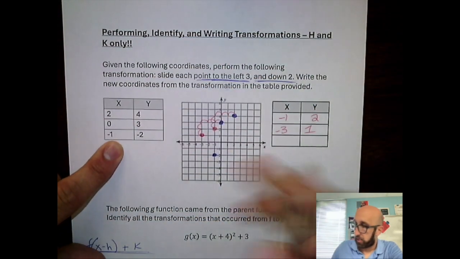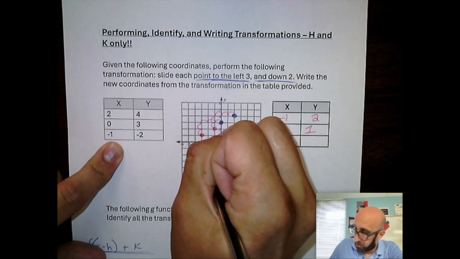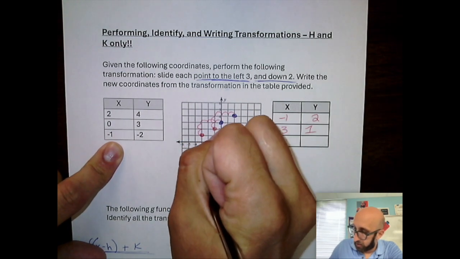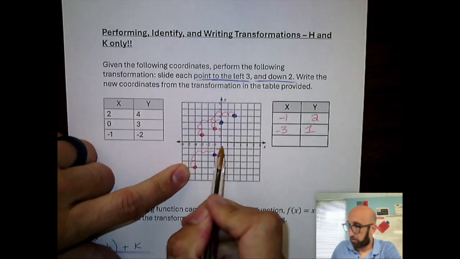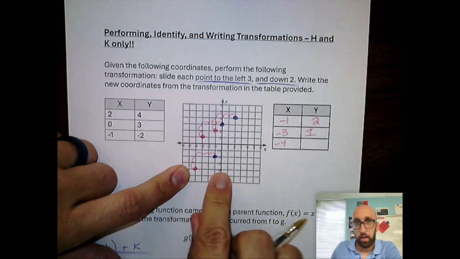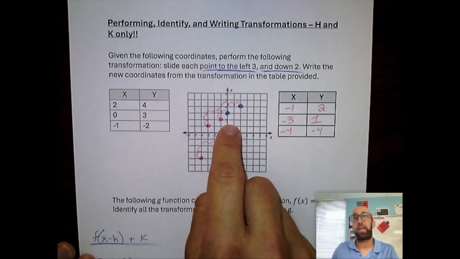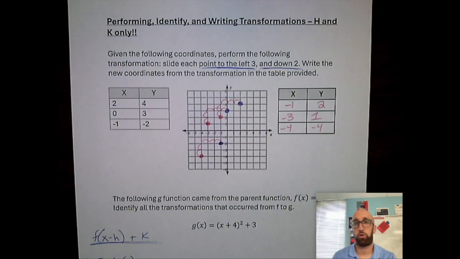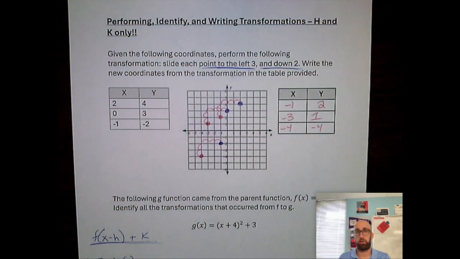My final point started at (-1, -2). We need to go left 3: 1, 2, 3, and then down 2: 1, 2. Write my x and y coordinates. We're at -4 and -4. And that's how I use my graph to perform transformations. Just slide everything left 3 and then down 2.